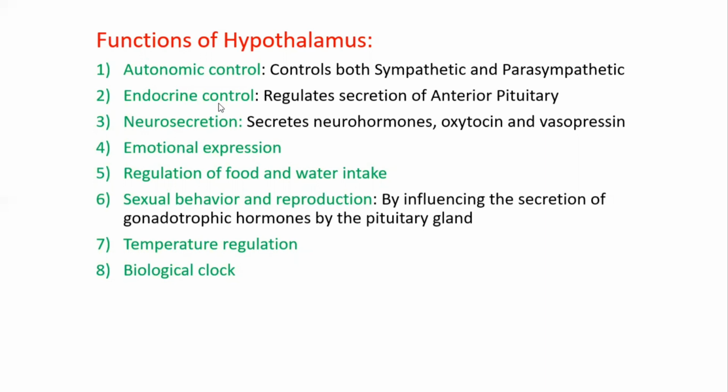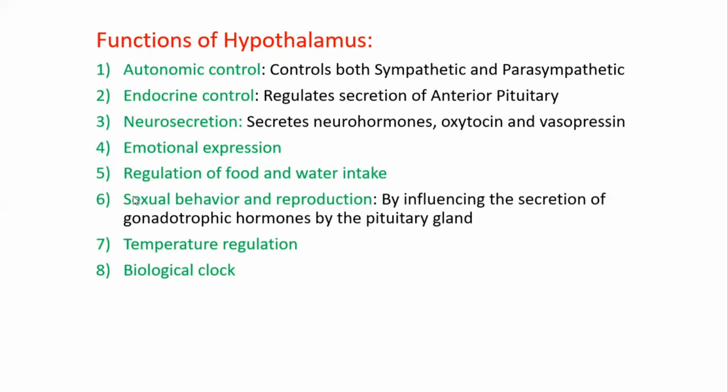Then we have the endocrine control, which regulates the secretion of some hormones in the human body, especially by controlling the anterior pituitary gland. And then also neurosecretion, which secretes some neurohormones like oxytocin and vasopressin, and also ADH, through the pituitary gland for controlling sexual reproduction in the human body. Then we have emotional expression and also food and water intake that we already talked about.